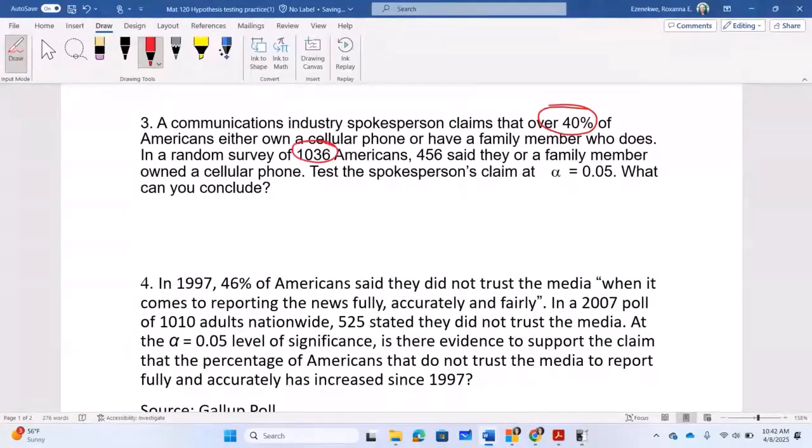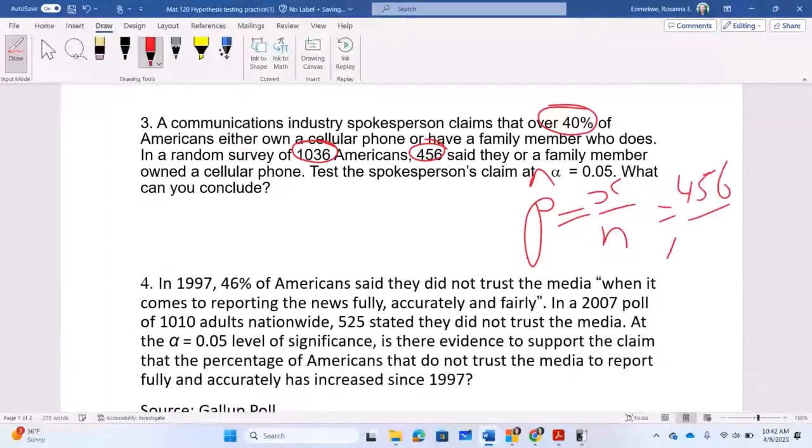So I have to start first. What is the point estimate? p hat, and that is x over n. What is x? x is 450.